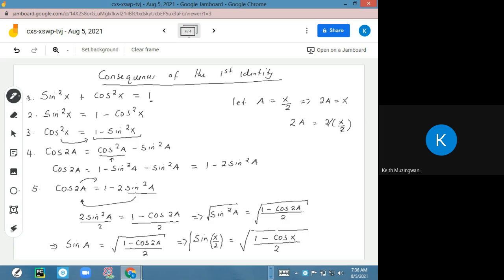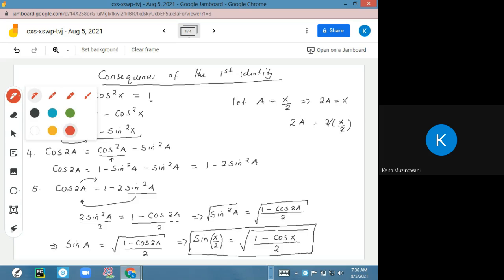This is another identity called the half angle identity for sine.